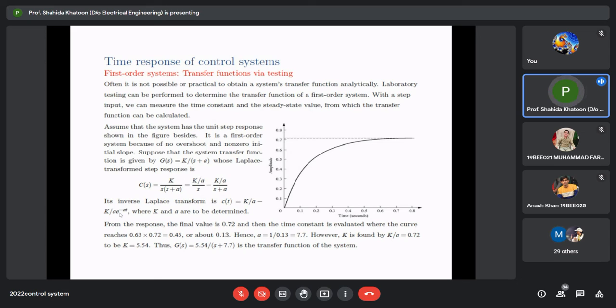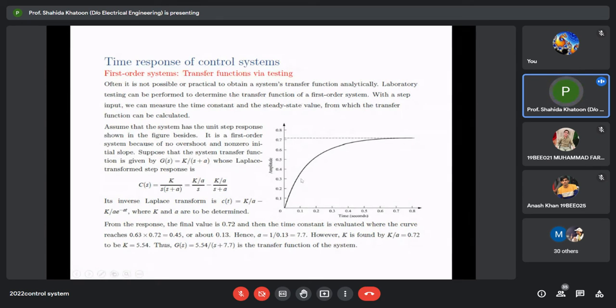From the response, which is graphically presented, we can see that the final value is approximately equal to 0.72. Then the time constant is evaluated where the curve reaches 0.63 into 0.72, which is 0.45. At this point, what is the value of time?